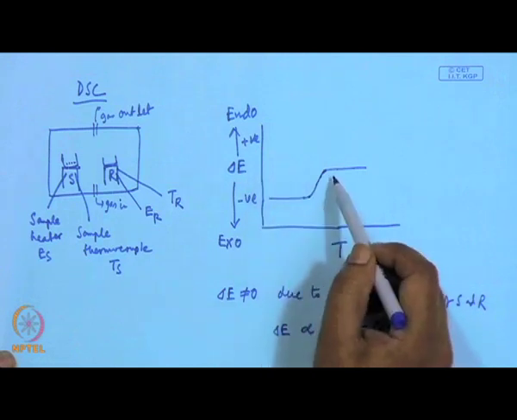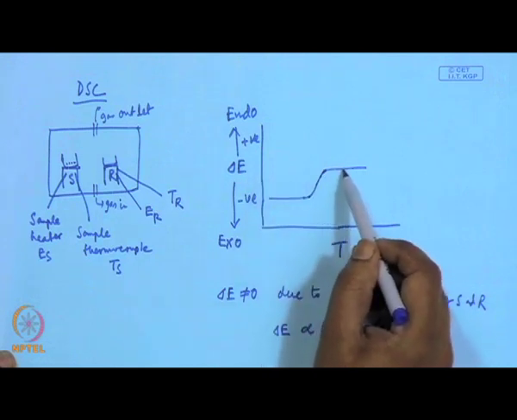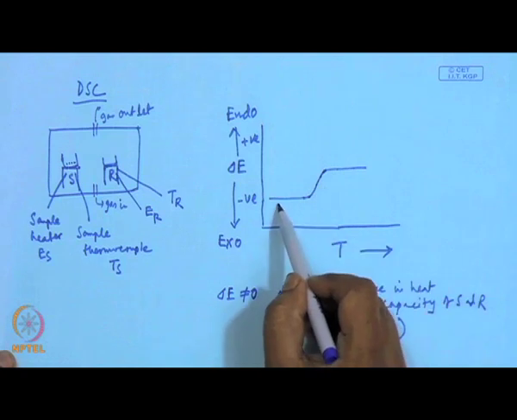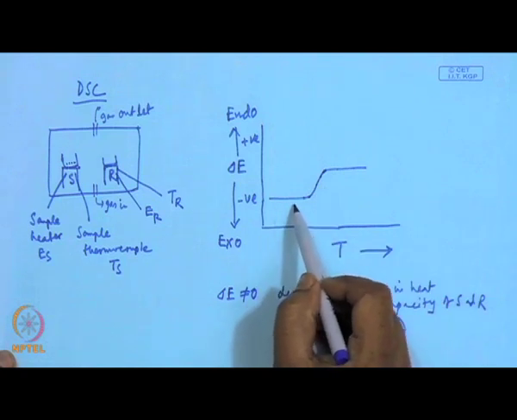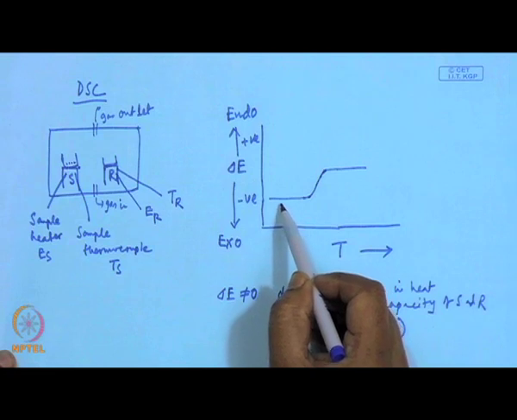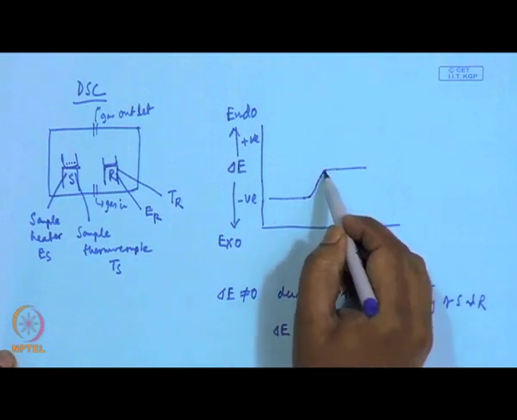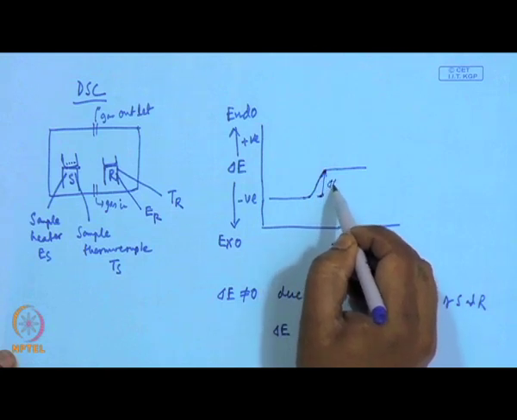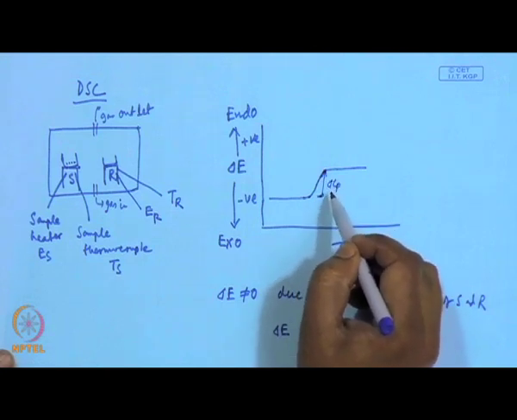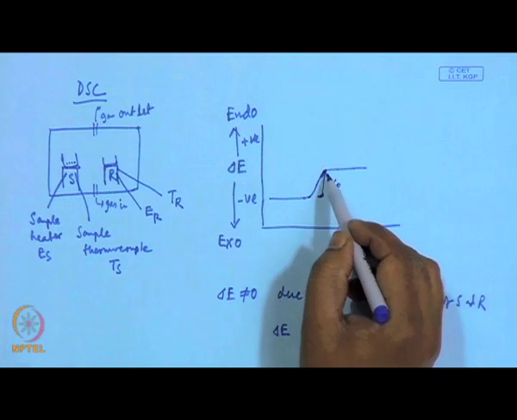The delta E value will be higher in the rubbery state compared to the glassy state, and this difference will give the delta Cp between the glassy state and the rubbery state.